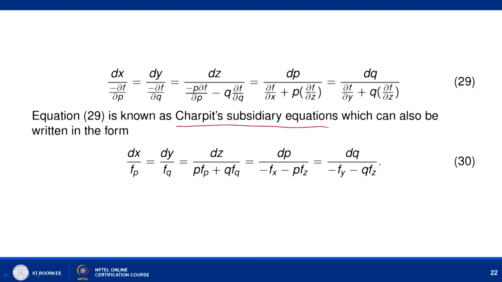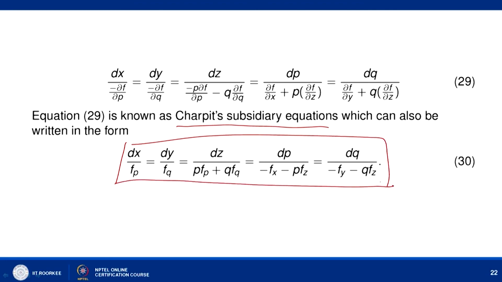So, managing the minus sign out, we have dx upon fp equal to dy upon fq equal to dz upon pfp plus qfq equal to dp upon minus fx minus pfz equal to dq upon minus fy minus qfz, and these equations are known as the Charpit subsidiary equations.